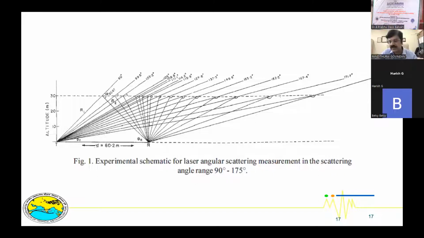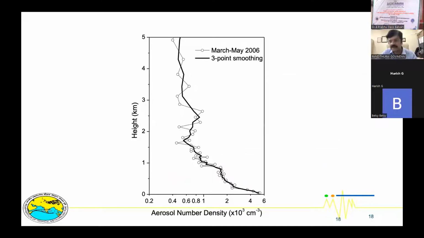So this was the advantage as compared to the other monostatic LIDARs. We had a long climatology of aerosol profiles, mainly in the boundary layer. And there were a lot of studies comparing the aerosol climatology with other remote sensing techniques like SODAR for boundary layer studies and all.